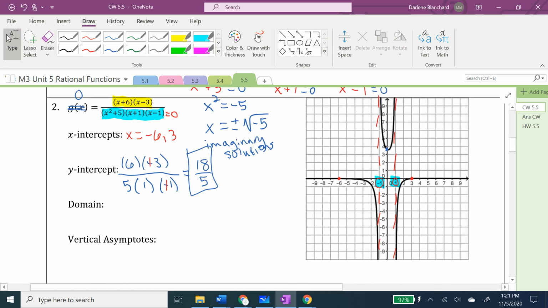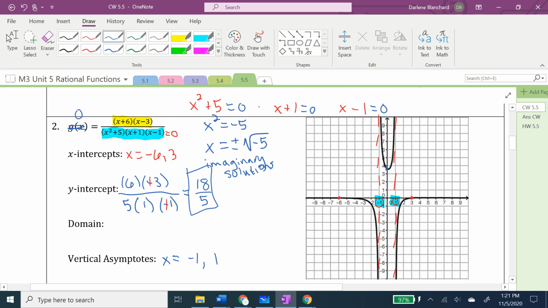I want to actually skip over domain a moment and just go to vertical asymptotes. We found out that our vertical asymptotes are -1 and 1, and we can see that by looking at the graph. When we solved for what made the denominator equal to 0, we found that these are the only things that make it equal to 0. That also tells me about my domain.